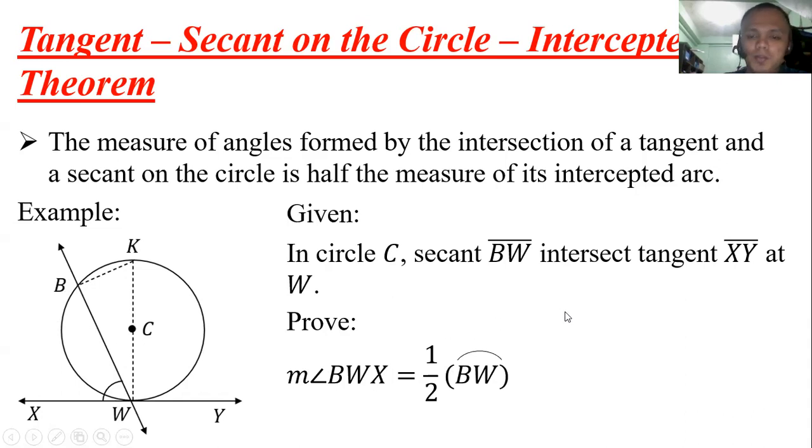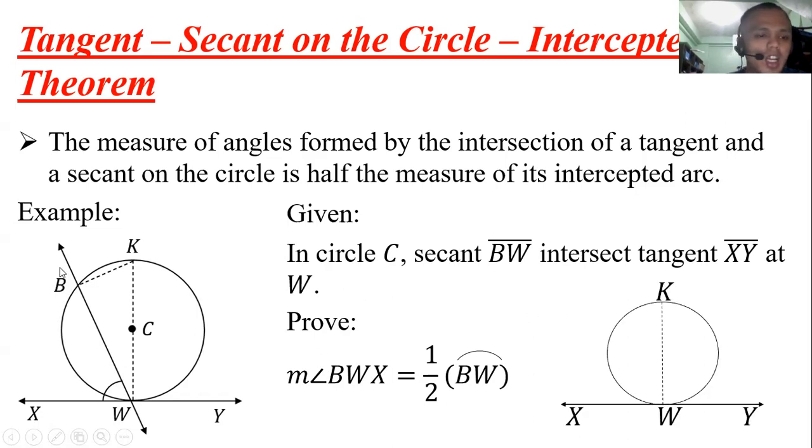Now, himayin natin. As you can see here, tanggalin na muna natin itong secant BW. So as you can see here, we have a broken line, which is the diameter KW. So ito yon. And then tangent XYW.